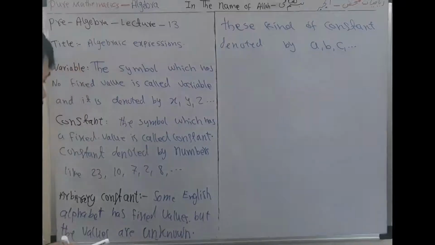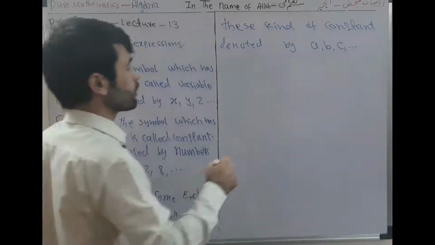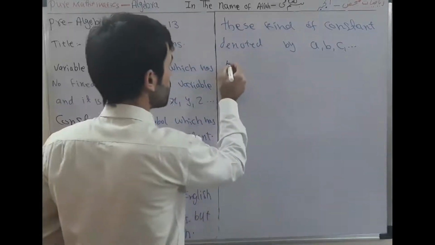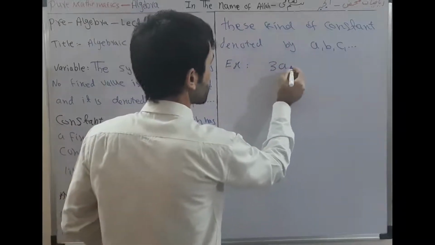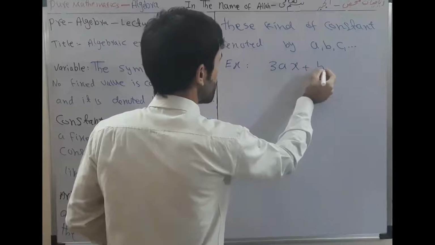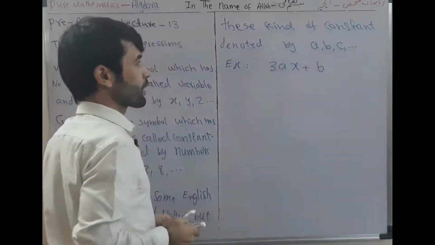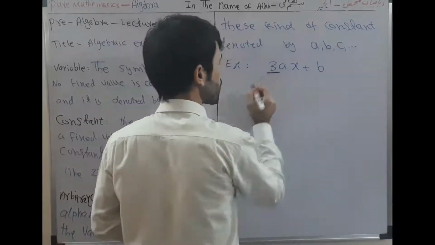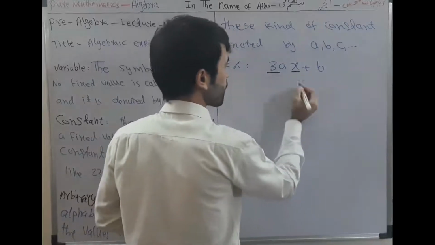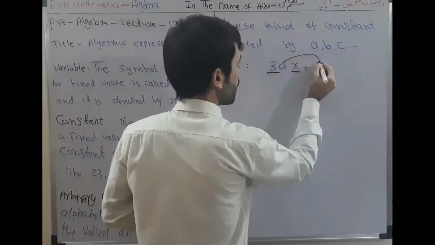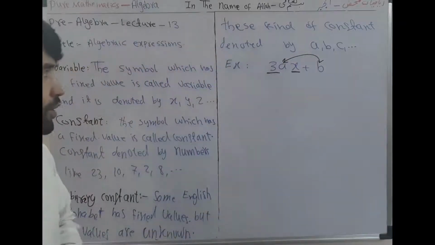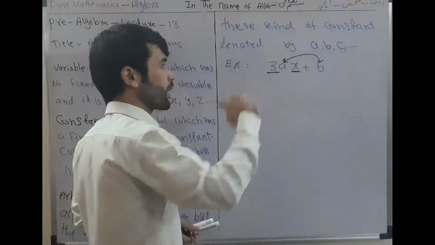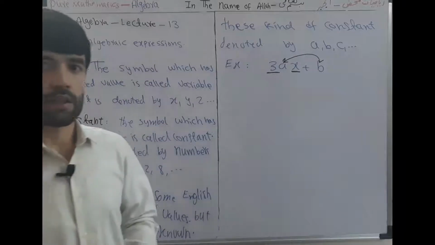For example, in 3ax plus b, 3 is a constant, x is a variable, and a and b are arbitrary constants. They can be numbers sometimes.